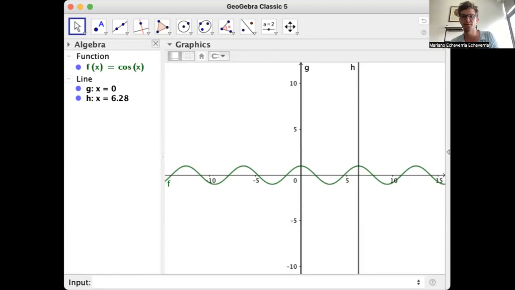So let's see, in fact, if I can show you this. What I was saying is that sine and cosine appear in many places.